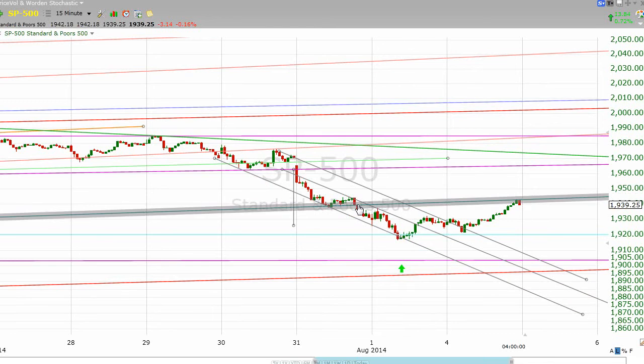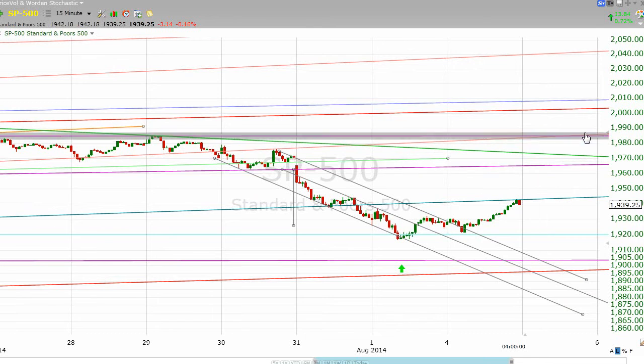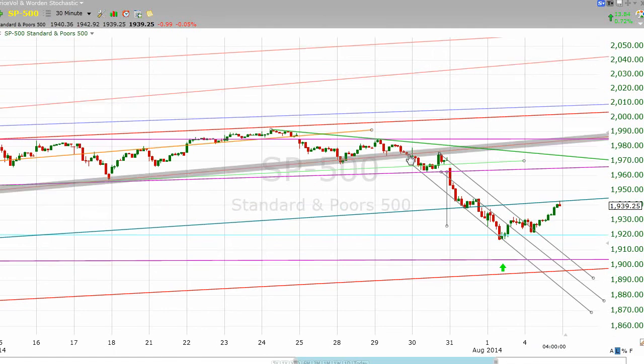Remember, it used to be support, now it's resistance. That would be wonderful, because if we could do that and get on up to challenge this neckline again, then we could be setting up a pattern to take us back out of this congestion area that we encountered up here between 1970 and 1990.